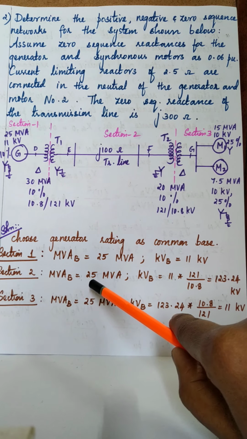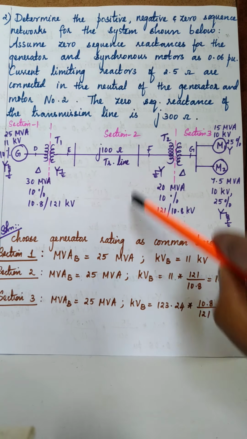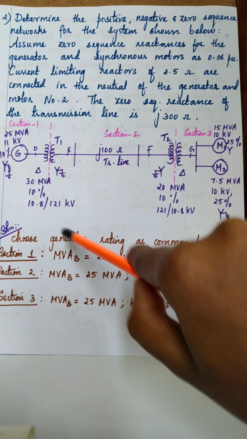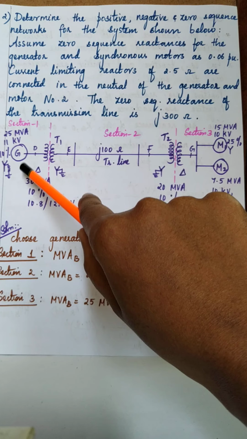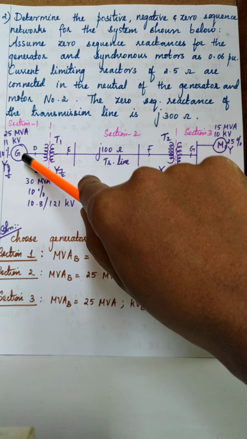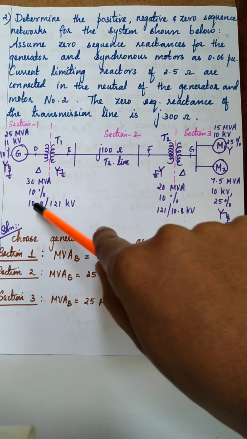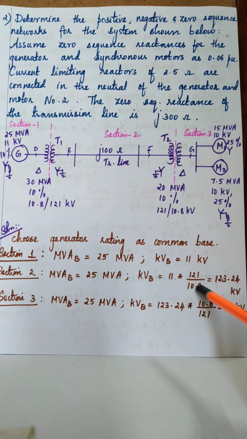For section 2, the MVAB remains the same, 25 MVA. Moving from section 1 to section 2, the kVB is 11 into 121 by 10.8, which is 123.24 kV.